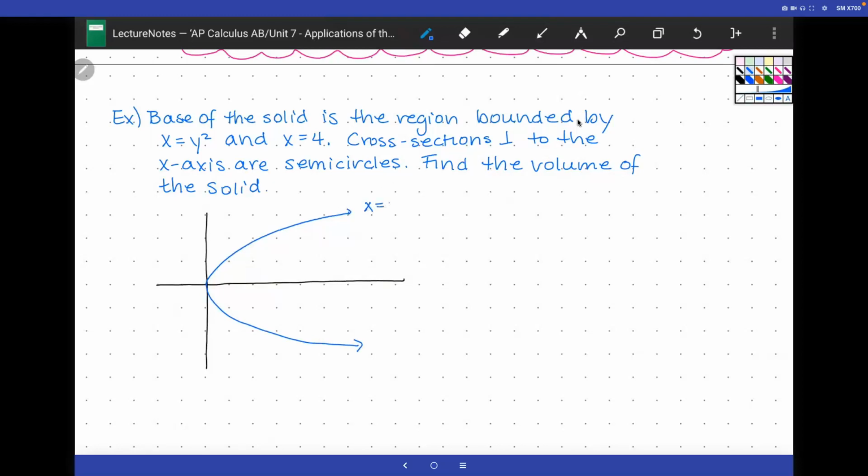So this is x equals y squared, and then x equals 4 is just going to be that vertical line. So the base of the solid is the region bounded by these two. So we can see that this region here is the base of the solid.